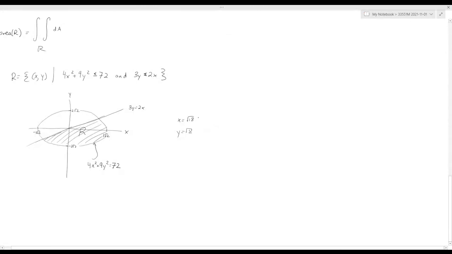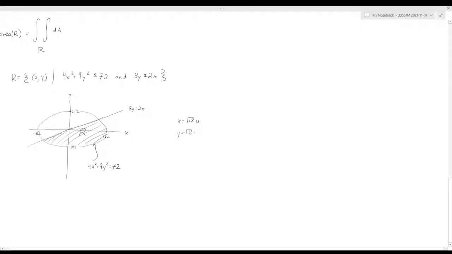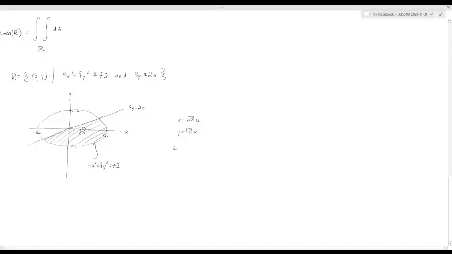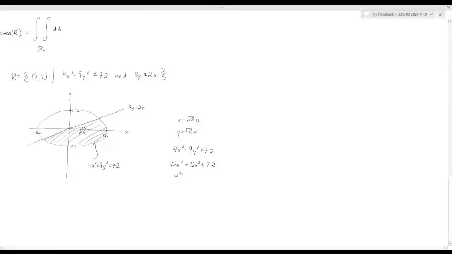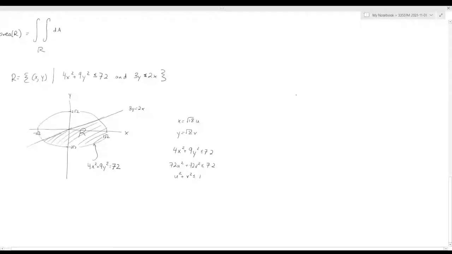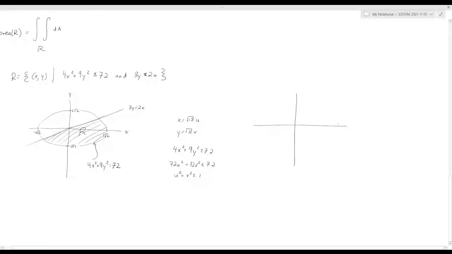We're going to let x equal square root of 18 times u, and y equal square root of 8 times v. Let's see why this works. The equation of the elliptic disk in the xy plane becomes the equation of a unit disk in the UV plane. So now we get a nice unit circle in the UV plane.